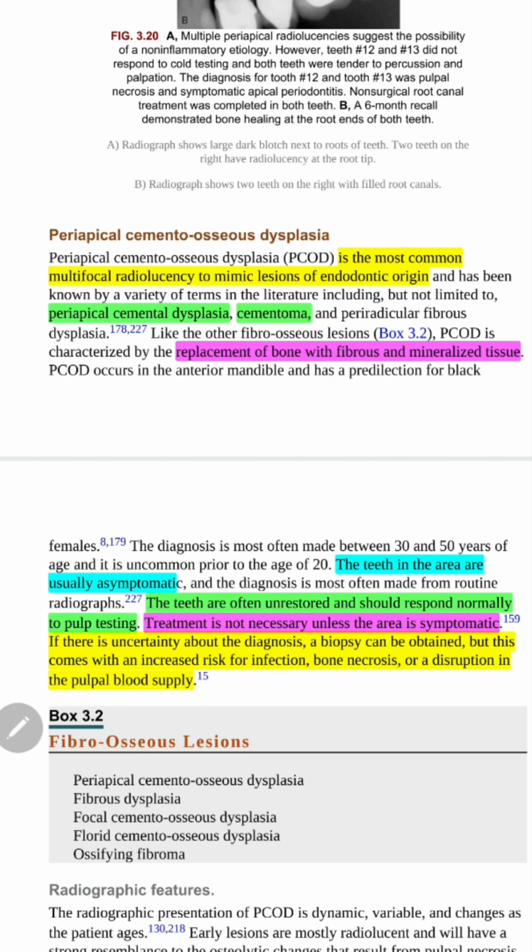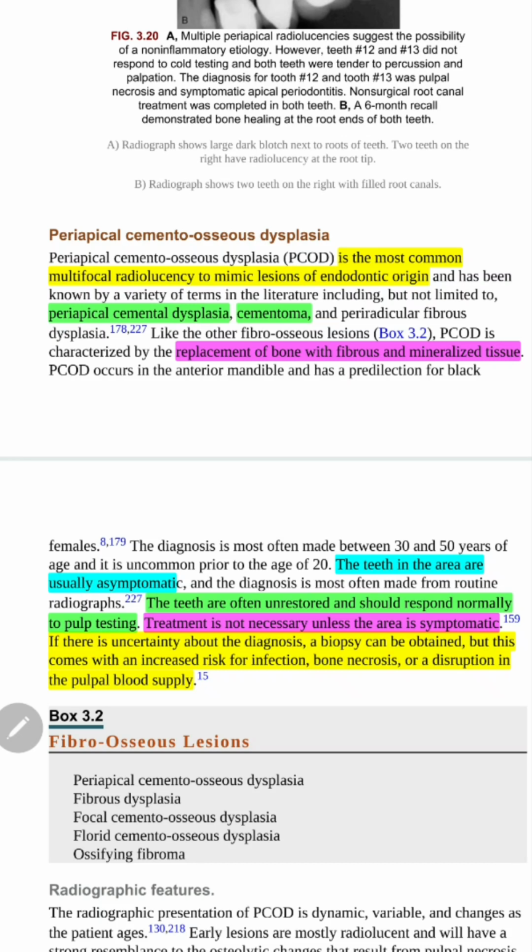It is the most common radiolucent lesion in the apical area that actually needs no treatment, and usually an endodontic treatment is applied, which is not necessary, when there is a lack of an accurate diagnosis for this lesion. So let's see how it usually appears.